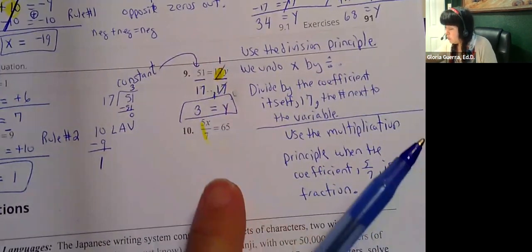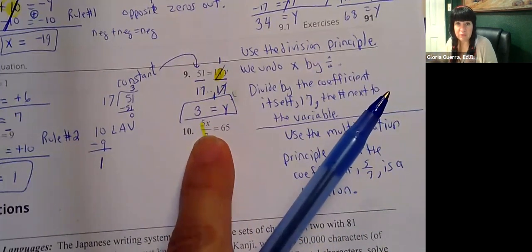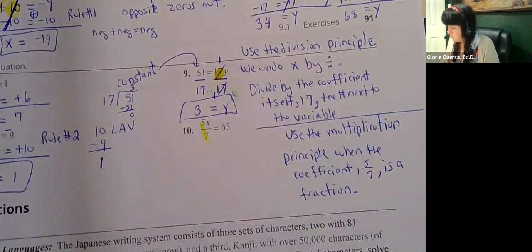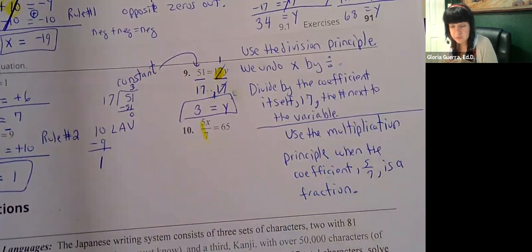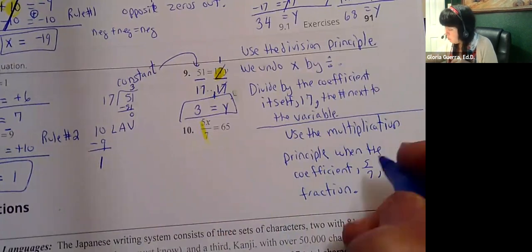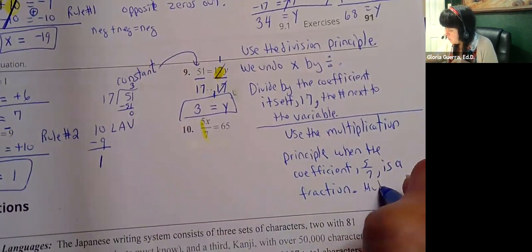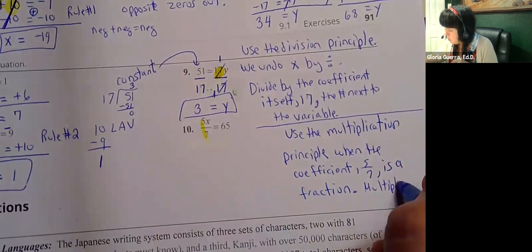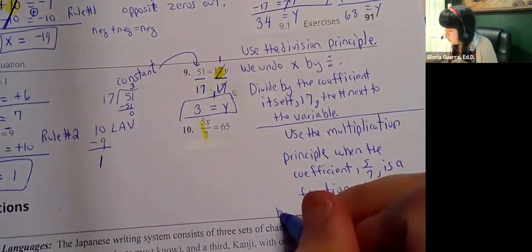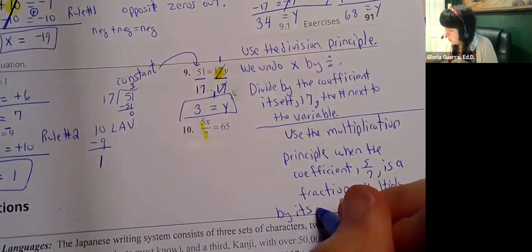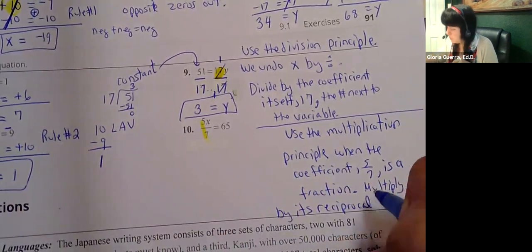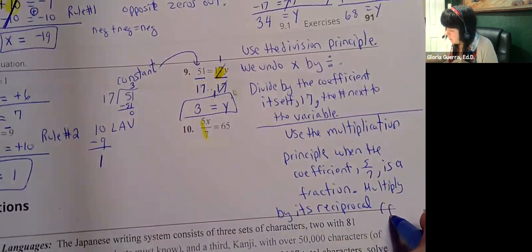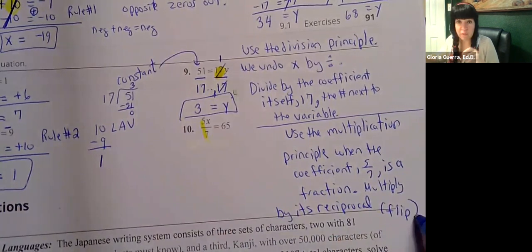But when your coefficient, see, the 5 sevenths is a fraction, you want to use the multiplication principle. So you want to multiply by its reciprocal.